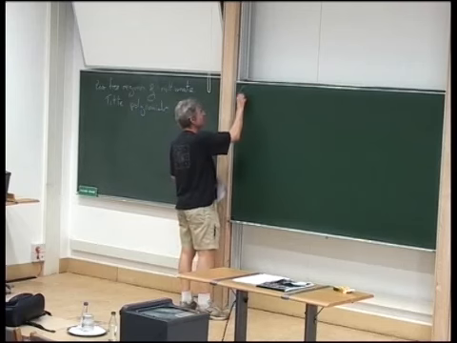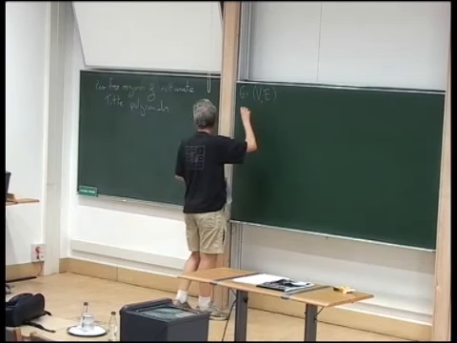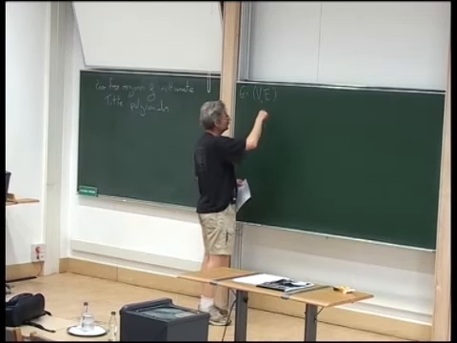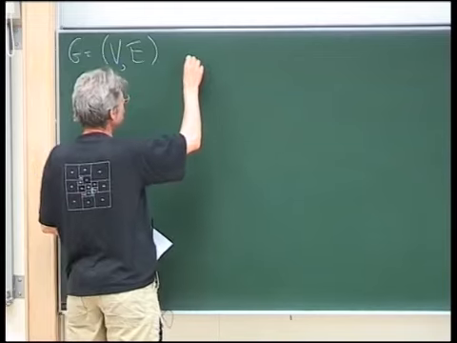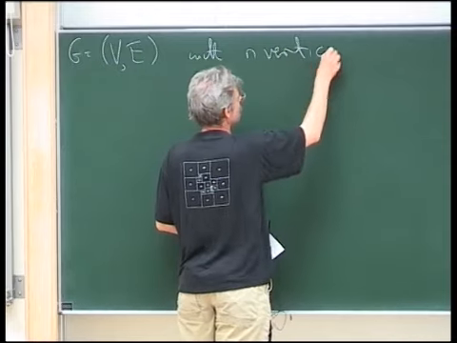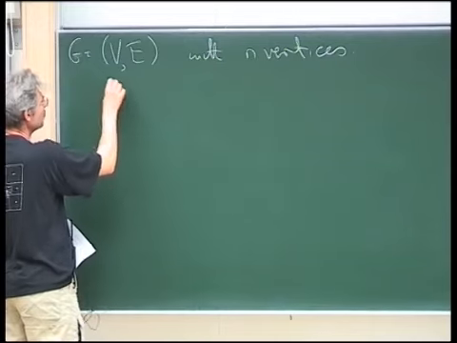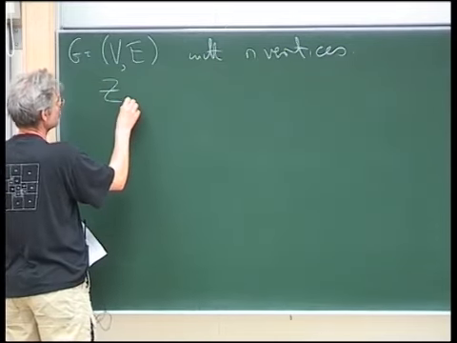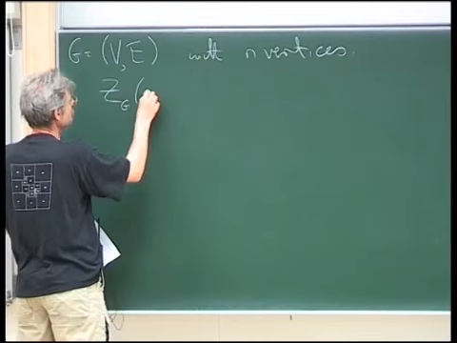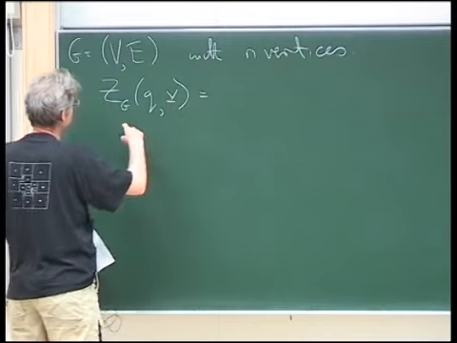So G is going to be a graph with vertex set V and edge set E, and it's going to have n vertices. So the multivariate Tutte polynomial of G, or the Potts model partition function, is defined as follows.